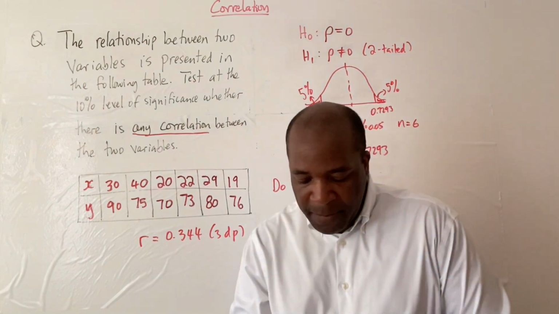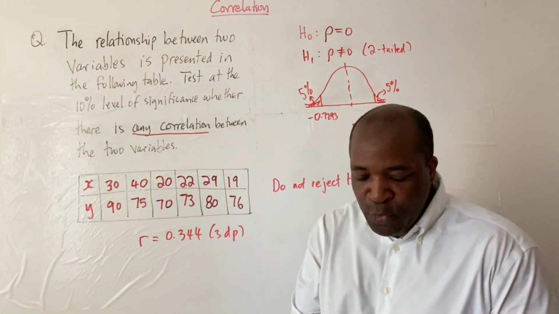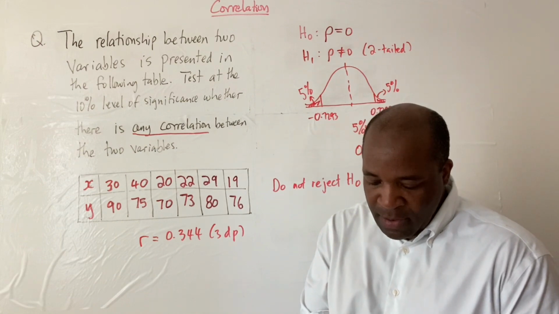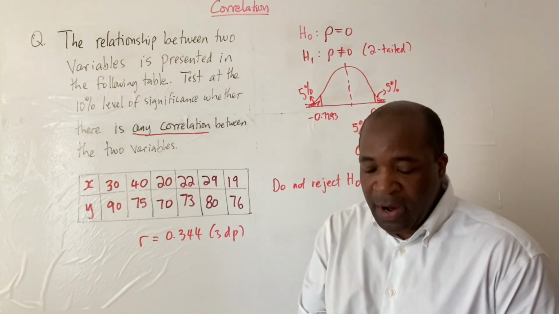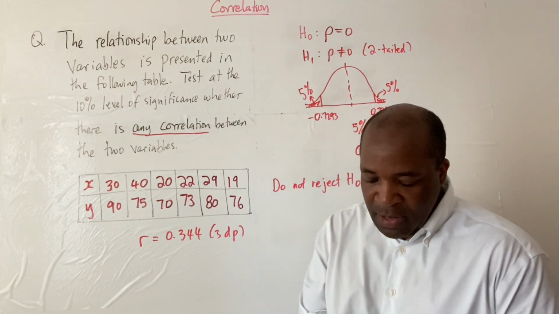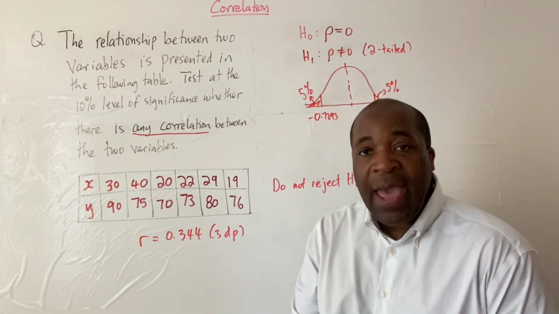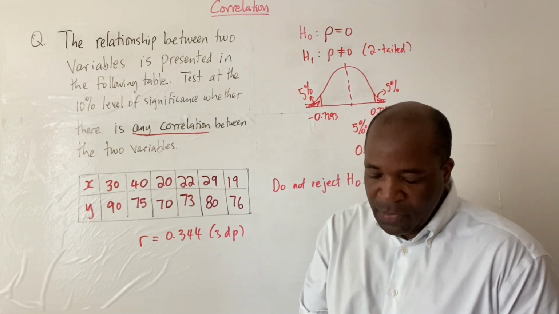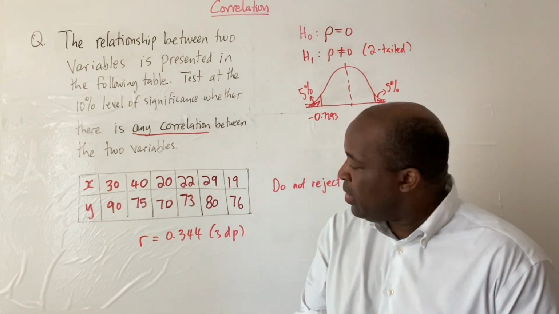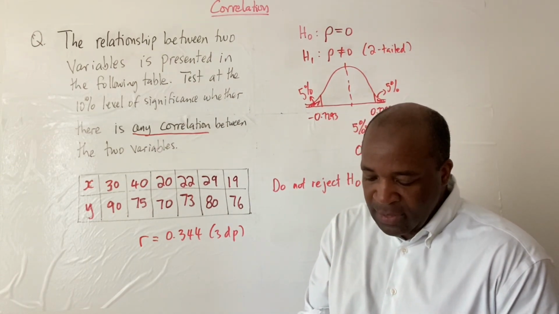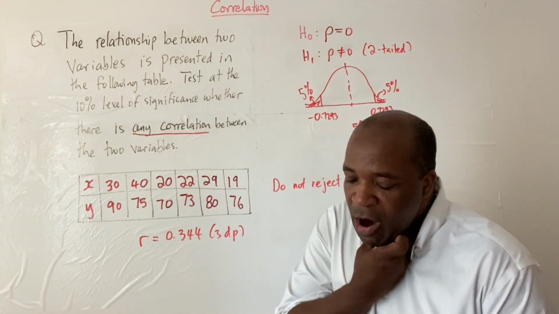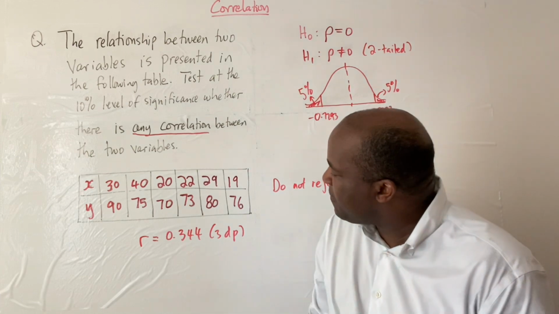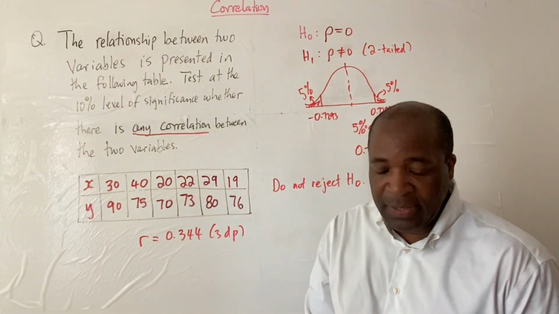Then go to calc, then reg, then X. So that's calc, reg, and X. And then you should see R equal 0.344 to 3 decimal places.